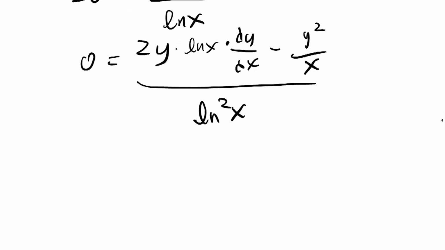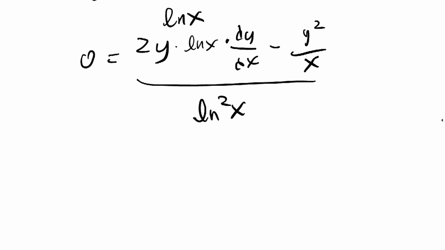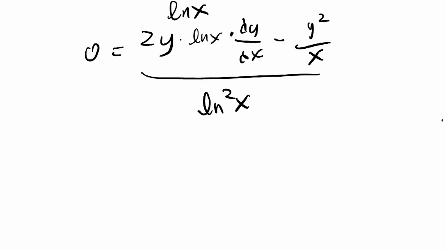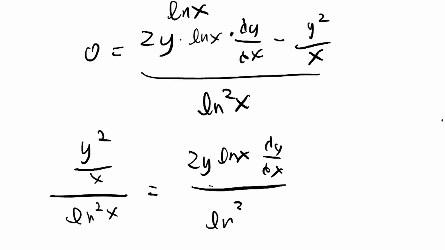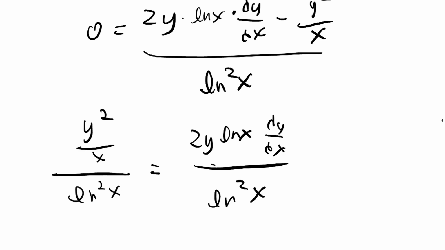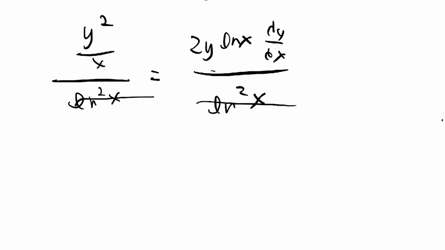Okay, so how are we going to simplify this? Well, we can do some manipulations here. So the first thing is we can add this term to the right side. So it's going to be y squared over x over ln x squared is equal to 2y ln x dy dx over ln squared x. And we're just going to completely ignore the ln squared x terms.